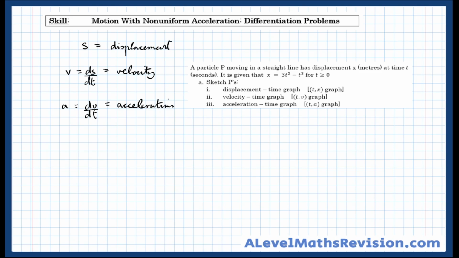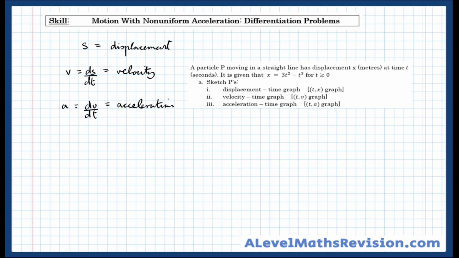A telltale sign that this is a variable acceleration question is that we're given displacement as a function of time, and a similar clue would be if you were given velocity or acceleration as a function of time. That's a telltale sign that this question is going to involve differentiation, or as we'll later discover, possibly integration as well. Part a says sketch P's displacement-time graph, the t-x graph.